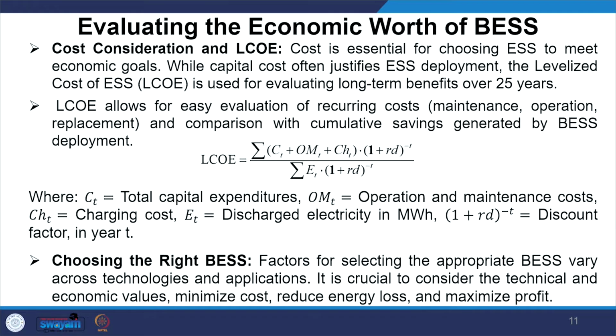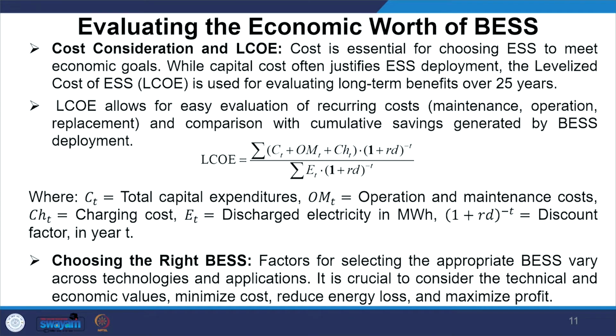Cost is essential for choosing energy storage systems to meet economic goals, while capital cost often justifies ESS deployments. The levelized cost of ESS, that is LCOE, is used for evaluating long-term benefits over 25 years. So you consider the life of the battery to be close to 25 years in general, so 20 to 25 years.